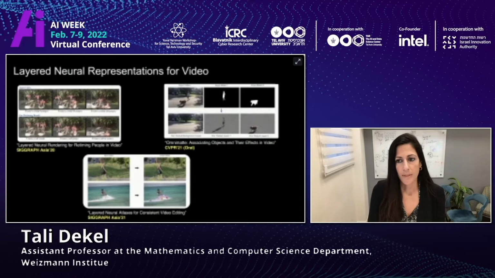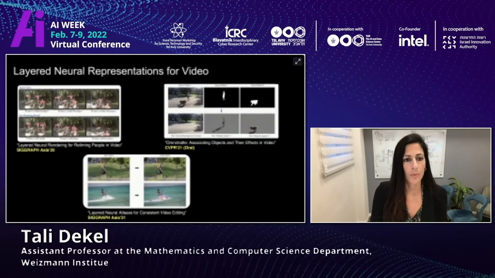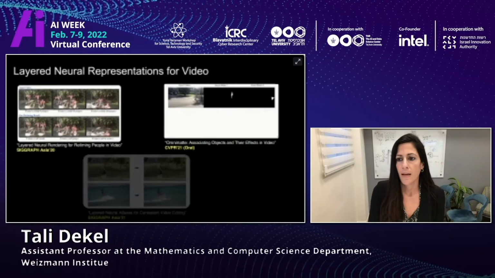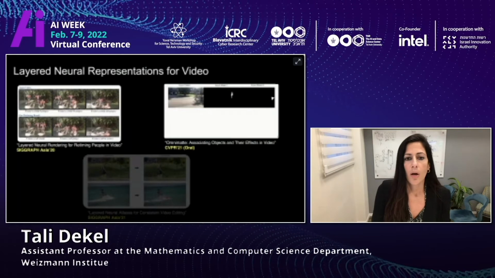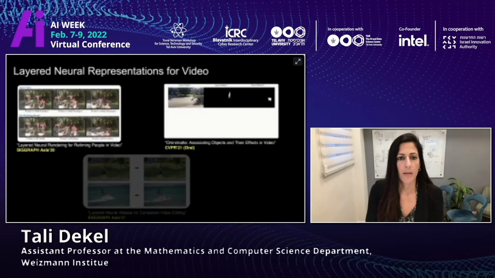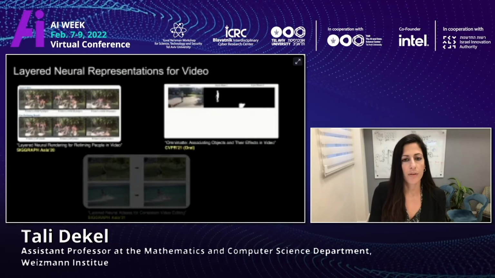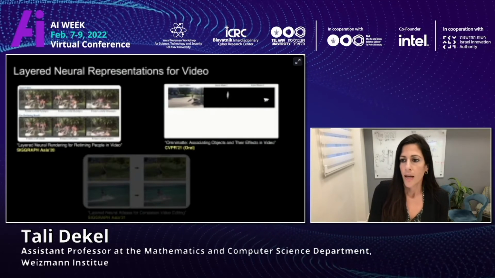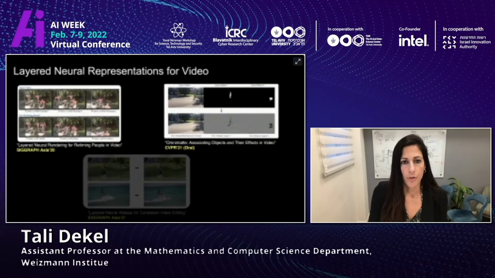At the heart of all these methods is a decomposition of the video into layers. So for example, in OmniMatte, the setup is as follows. We take the input video along with rough object masks of the objects of interest, which we can get using any off-the-shelf object segmenter. And our method outputs a corresponding layer for each of the objects.